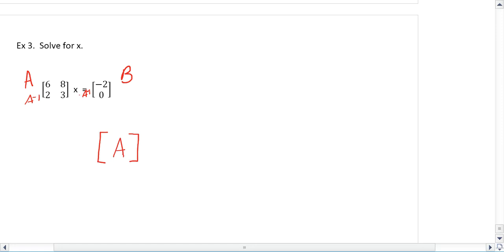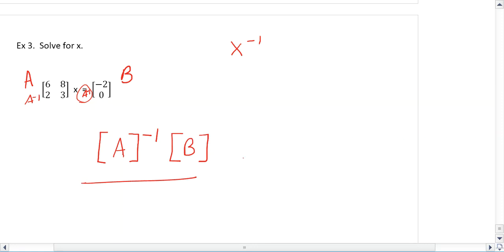Now we don't want A, we want the inverse of A. So if you hit the inverse key, which is x to the negative 1, your calc will add the inverse notation here to A. On your calcs, if it's an old one, you may need to enter a times sign, but the new ones do not. Now go back into the matrix menu and select matrix B so that you actually have this appearing on your home screen. You need to see this.